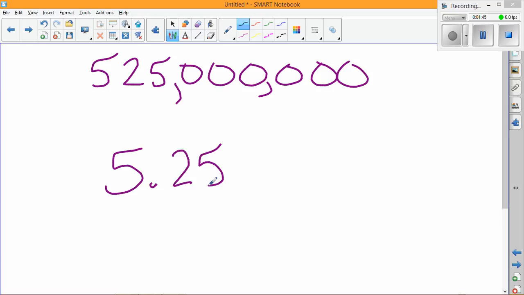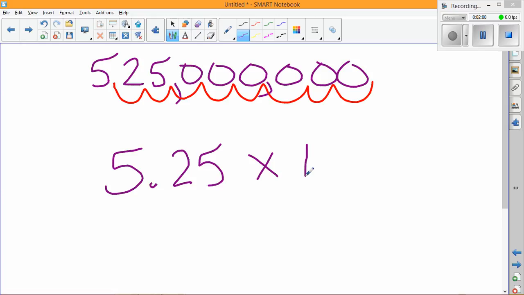So now I have a number that's between 1 and 10. And since the decimal was put there, we've got to count how many places it was over. 1, 2, 3, 4, 5, 6, 7, 8 places. So I can write this as 5.25 times 10 to the 8th power.